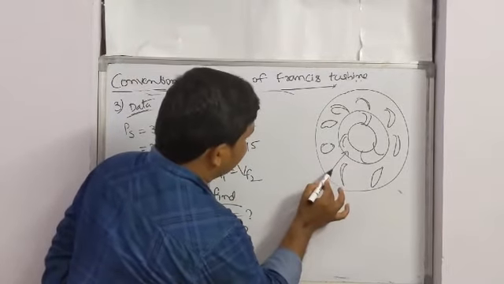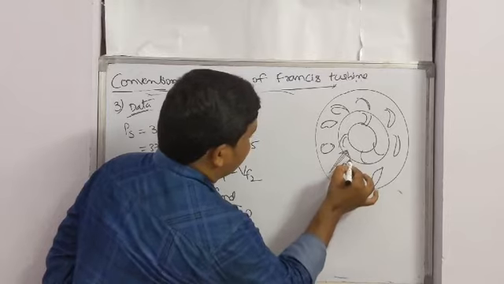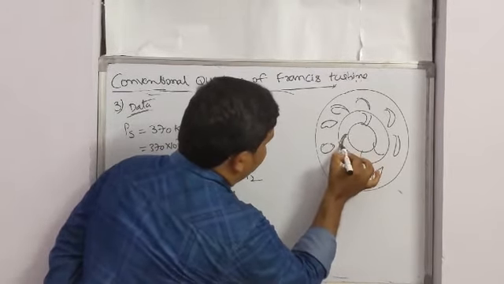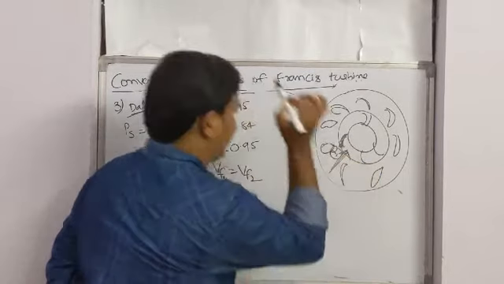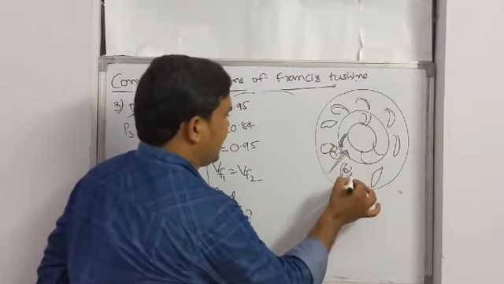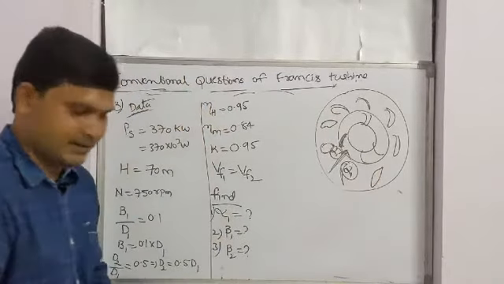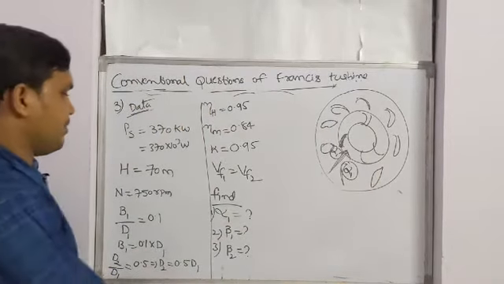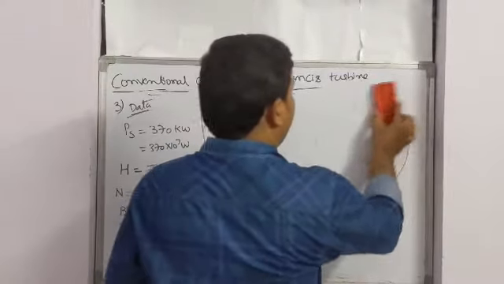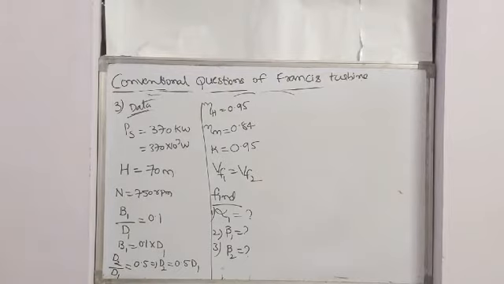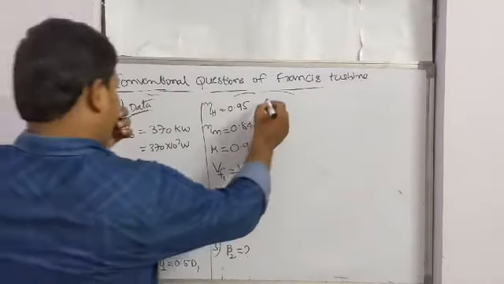So the guide vane angle means the water flow angle, the angle at which water enters the blade, which is alpha 1. They want to find alpha 1, beta 1, the runner blade angle at inlet, and the runner blade angle at outlet. This is the problem given. Then we will go one by one.